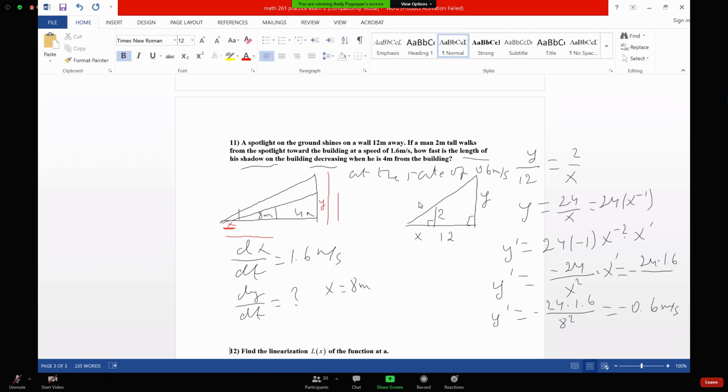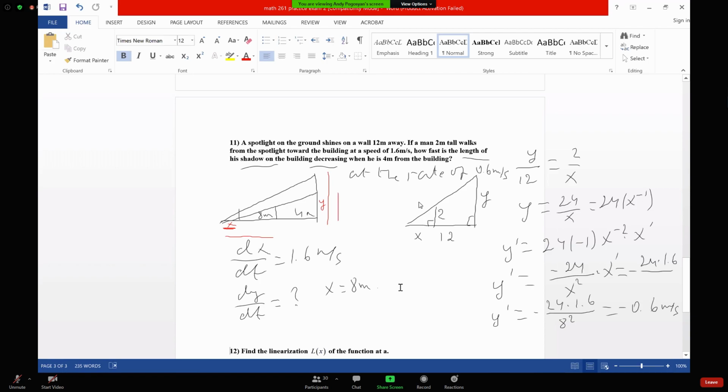I don't fully understand where the 4 meters comes in. See, when he is 4 meters from the building. Oh, I see. So the total is 12, right? So your x is this distance. Correct.